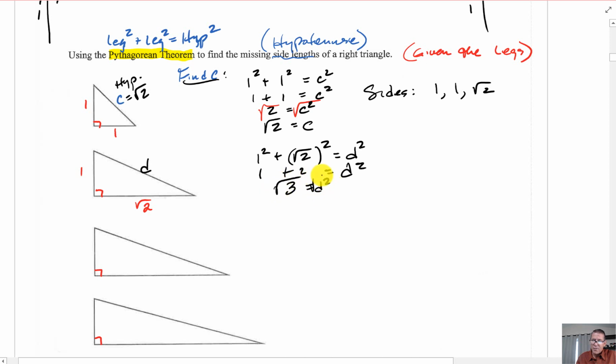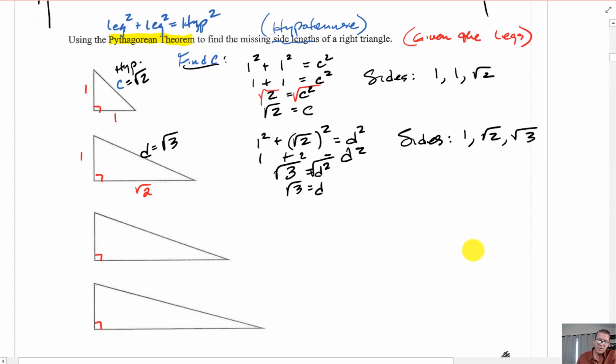After you square root, you get the square root of 3 equals d. So the sides are 1, root 2, and root 3. Yeah, I said that right.